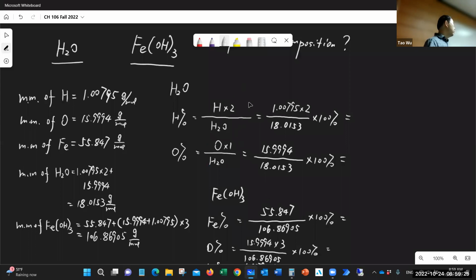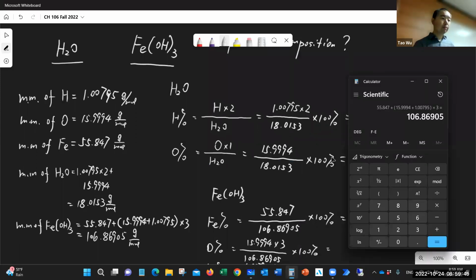Since hydrogen has a 2, you multiply by 2 and divide by the molar mass of the water. Oxygen, since we have only 1 oxygen, you multiply by 1 and divide by the total molar mass of the compound, and then multiply by 100%.